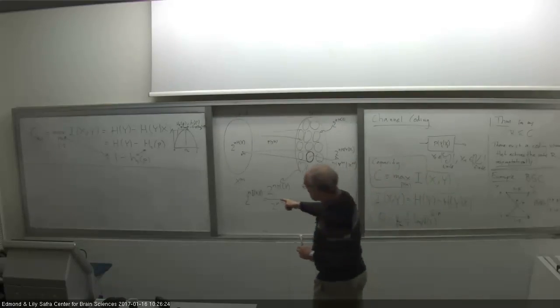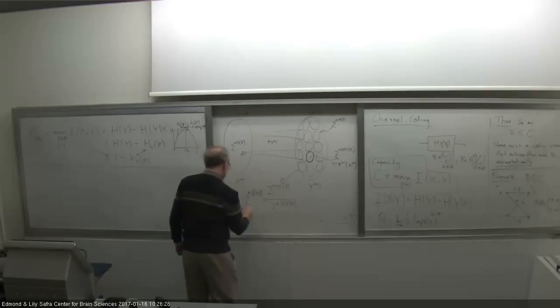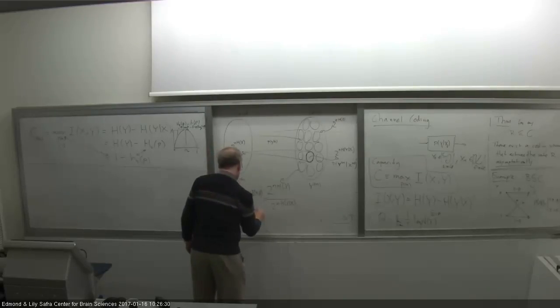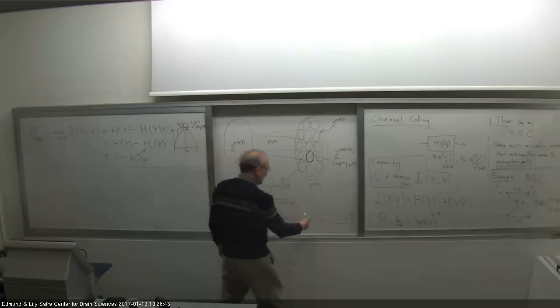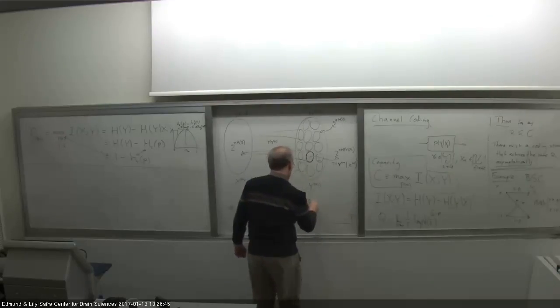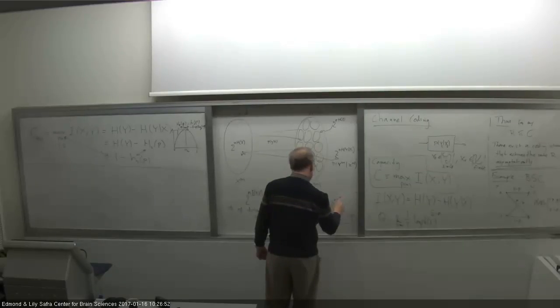So if this is the number of distinguishable message sequences in X^n, the rate is precisely 1 over n times the log of 2 to the nI.